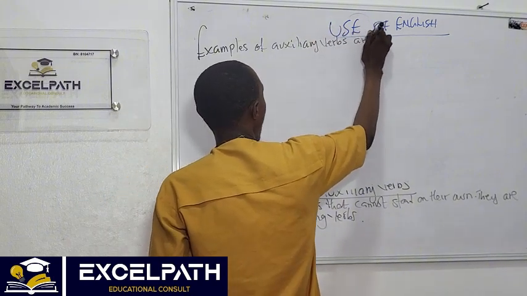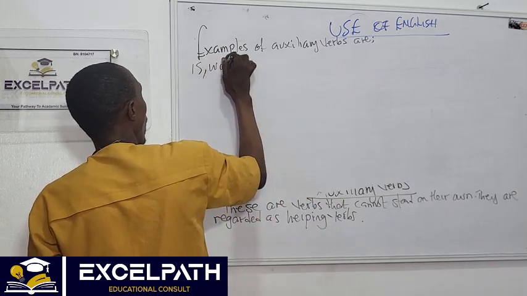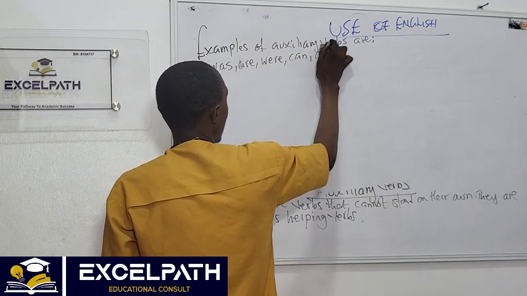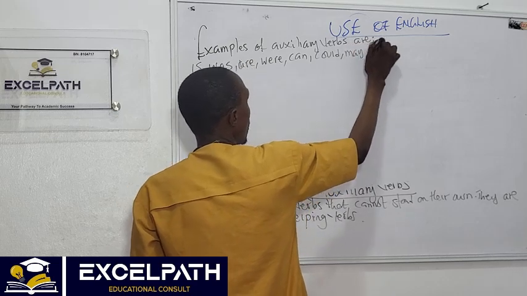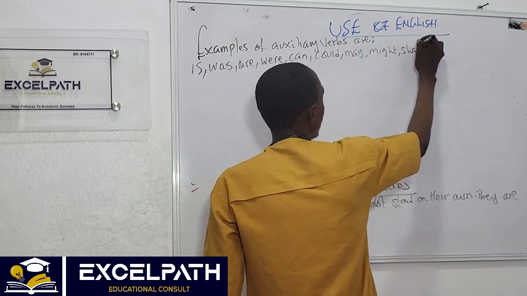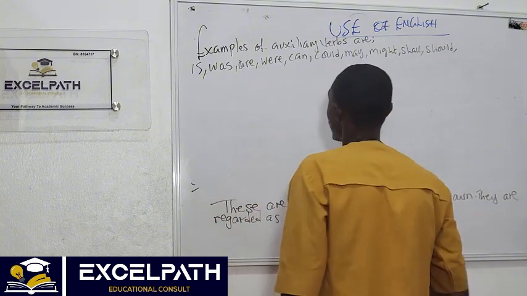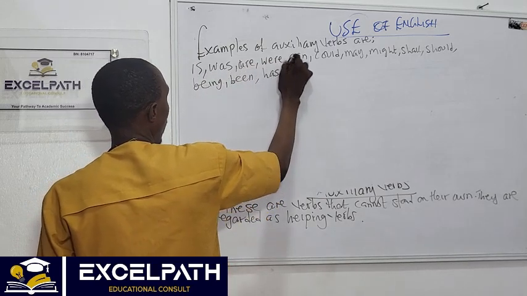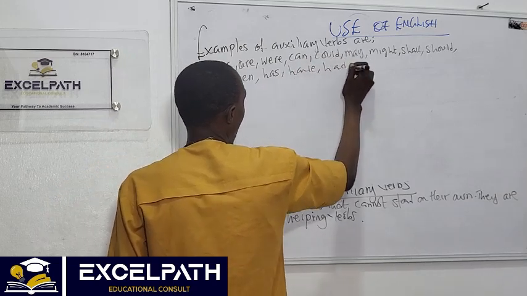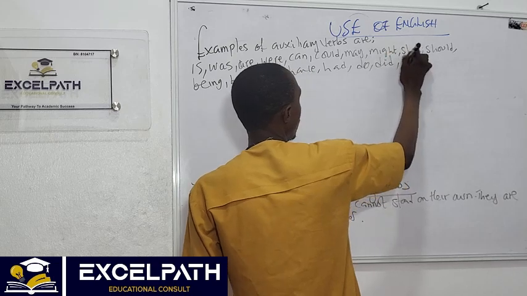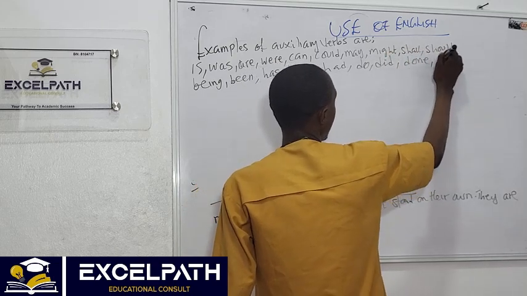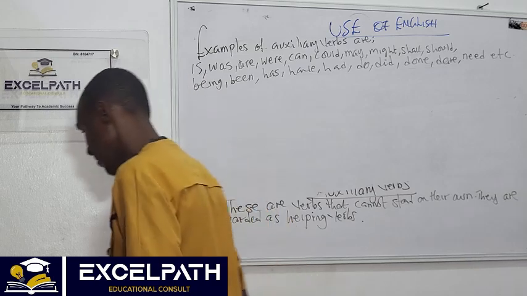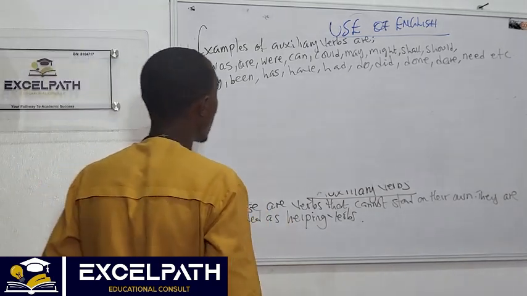Examples of auxiliary verbs are is, was, are, were, can, could, may, might, shall, should, be, been, has, have, do, done, etc. All these are auxiliary verbs.